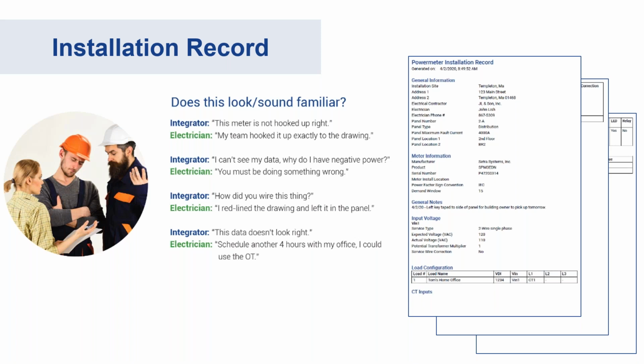Where's the address of the installation? Who is the electrical contractor? Where's the panel location, or if there's any codes for a campus or building or electrical room. All of this, including the full configuration of the unit, is completely captured in the meter itself, and that can be exported to a PDF file as well. So it's always there at the job site, always accessible over the network, and always available to be able to print this on a moment's notice.